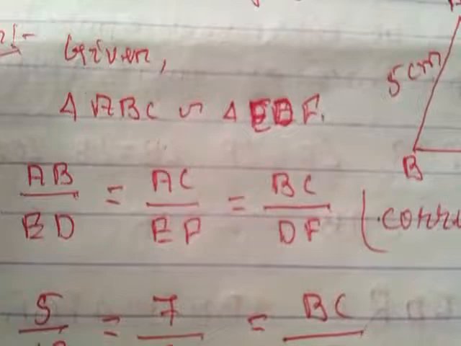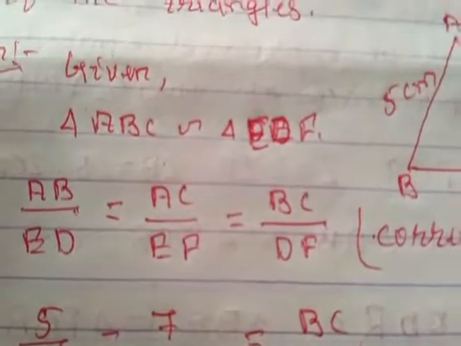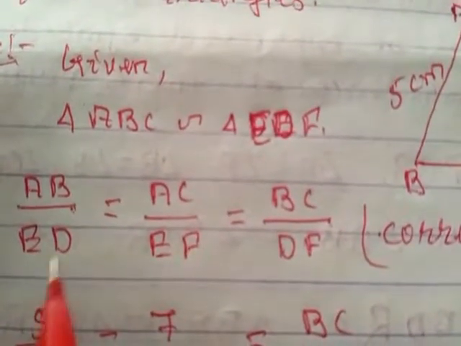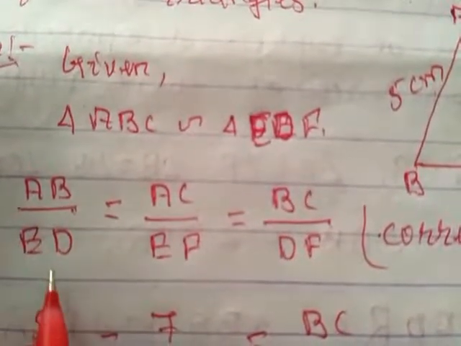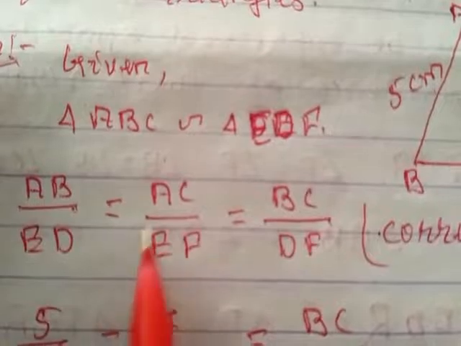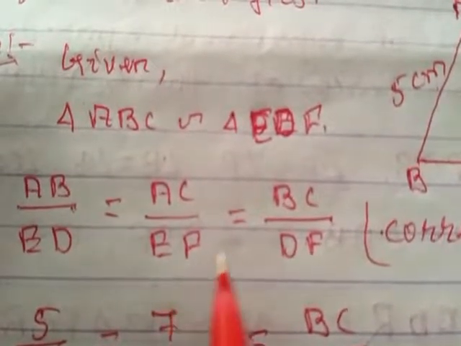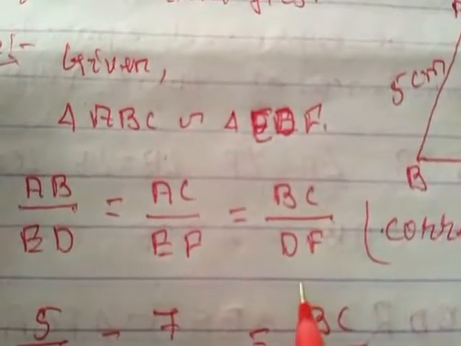So in that case, we have AB by ED equals to AC by EF equals to BC by DF, since their sides are proportional.